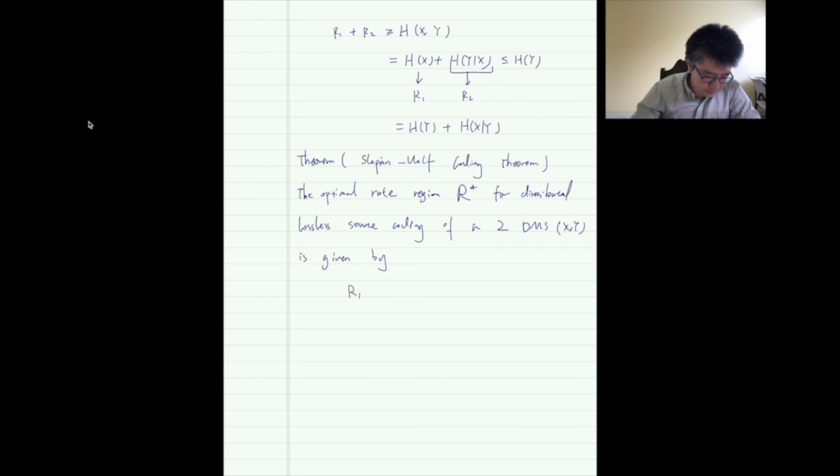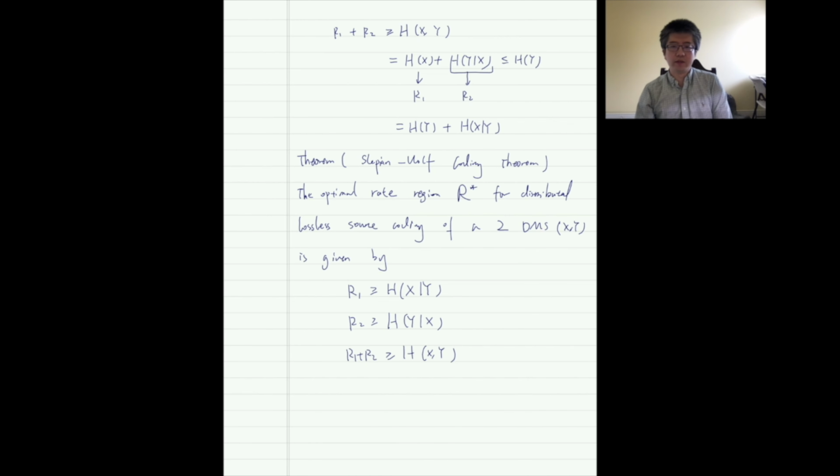So R1 will be bigger than or equal to the entropy of X given Y, so this is pretty much like this term. And R2 is bigger than or equal to the entropy of Y given X. And then the summation of these two has to be bigger than or equal to H(X, Y), the joint entropy. This cannot be beaten. Okay, very good. So this is basically the rate region.